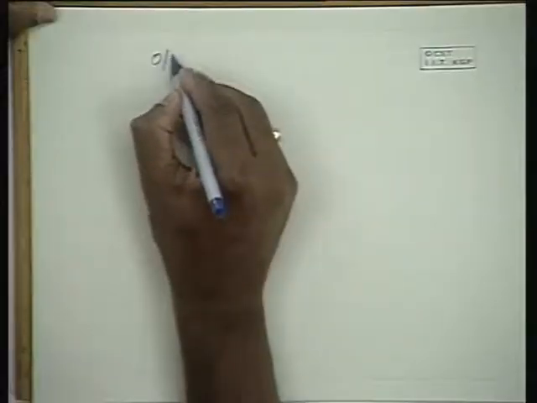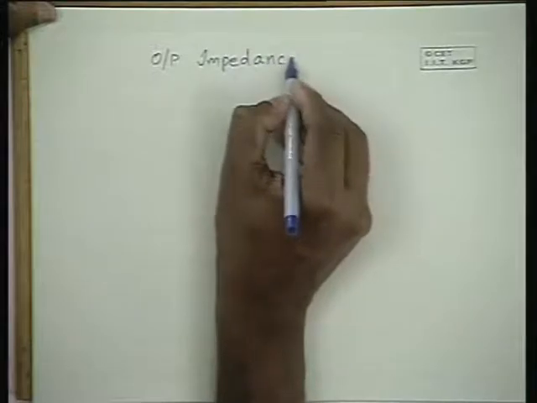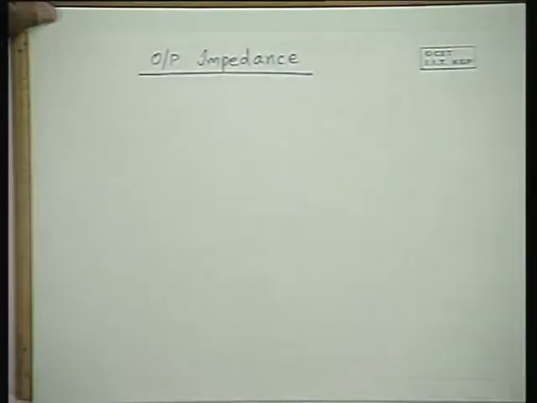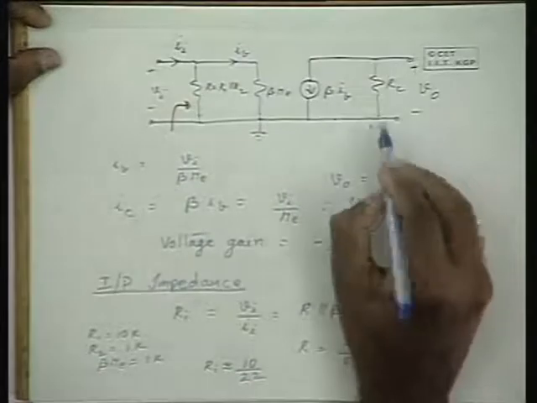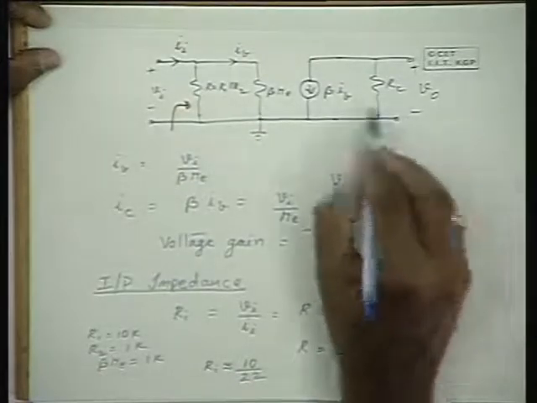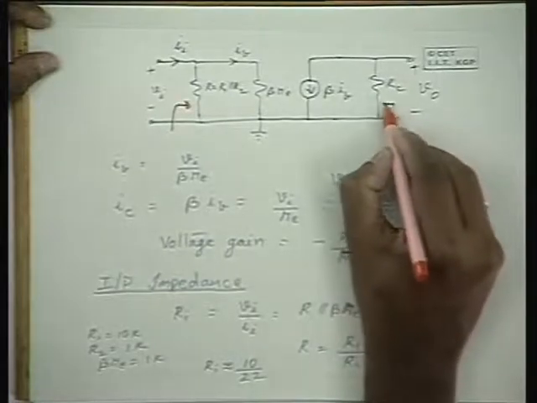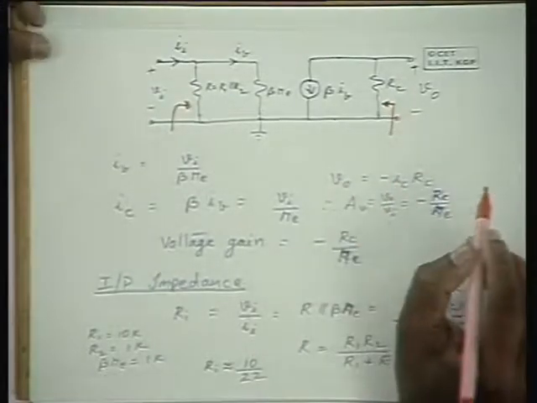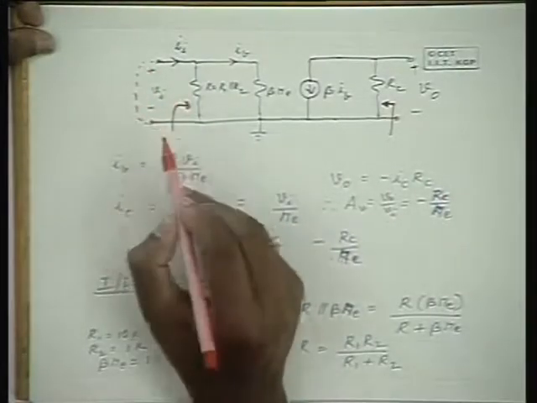Now let us discuss the output impedance. Bringing in the same equivalent circuit, this is the output side. Now what is the impedance looking into the terminals when the input is replaced by a short circuit?